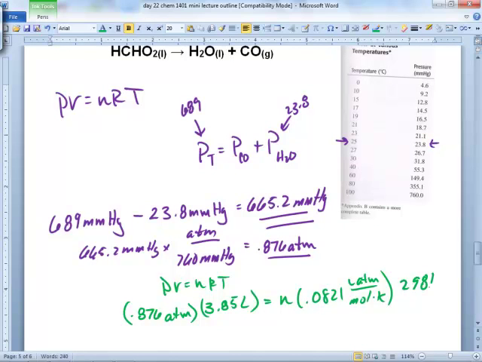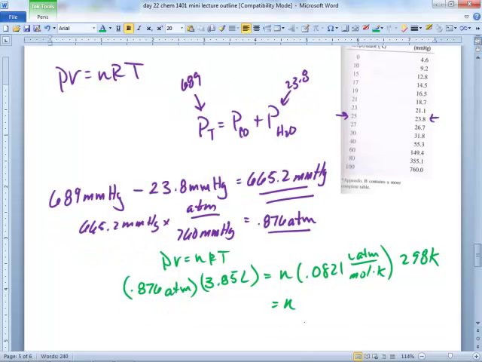All right, you get your little n. So probably take the 0.876 times the 3.85, divide it by 0.0821, divide it by 298, about 0.138 or so moles.